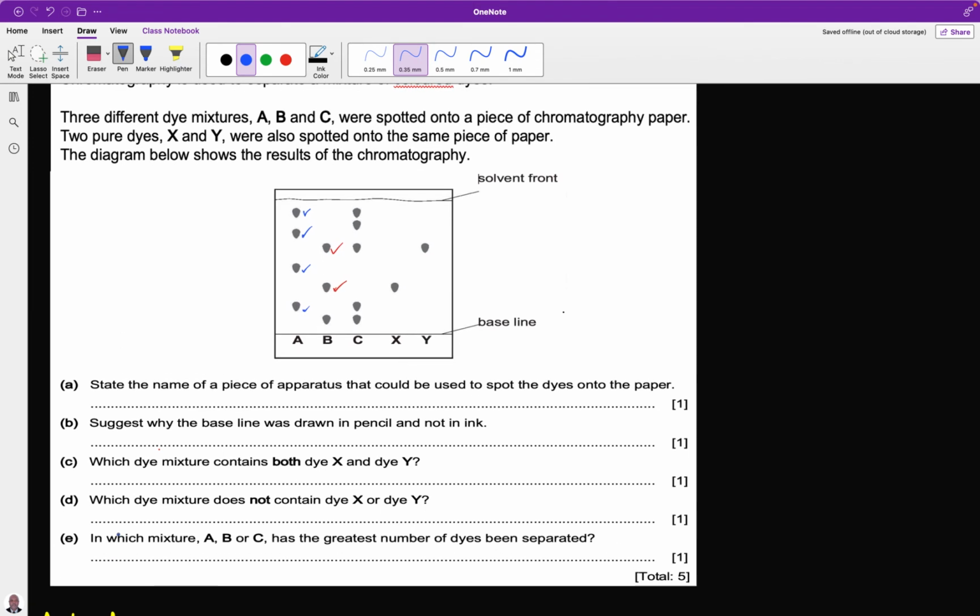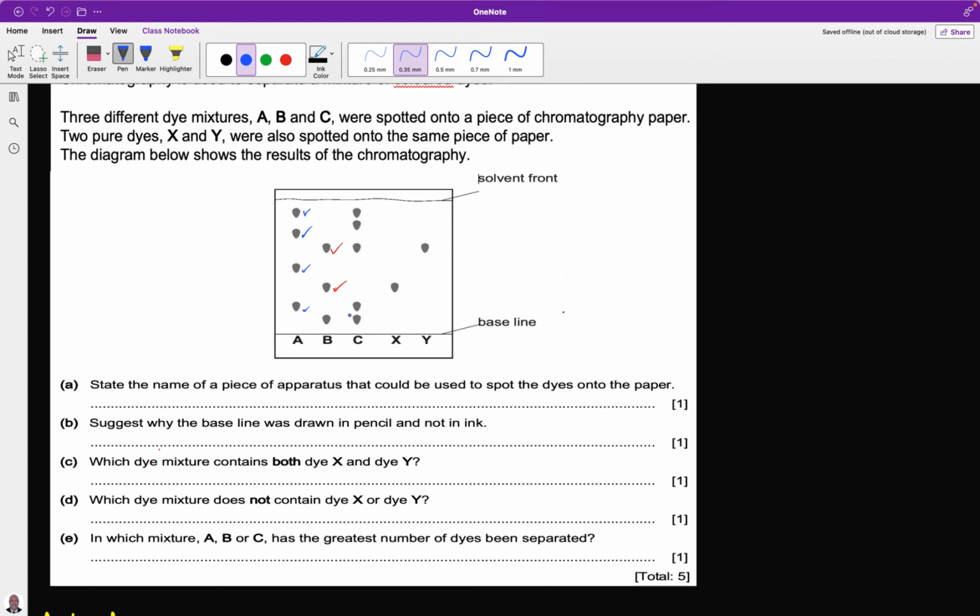E. Which mixture, A, B, or C, has the greatest number of dyes that have been separated?